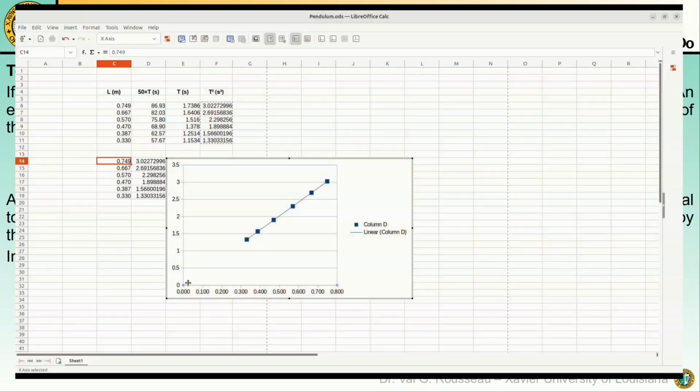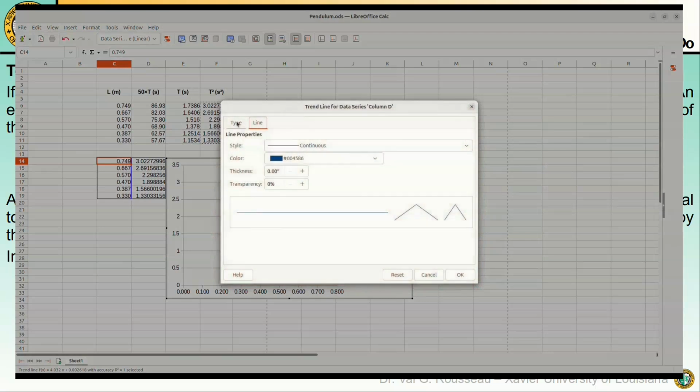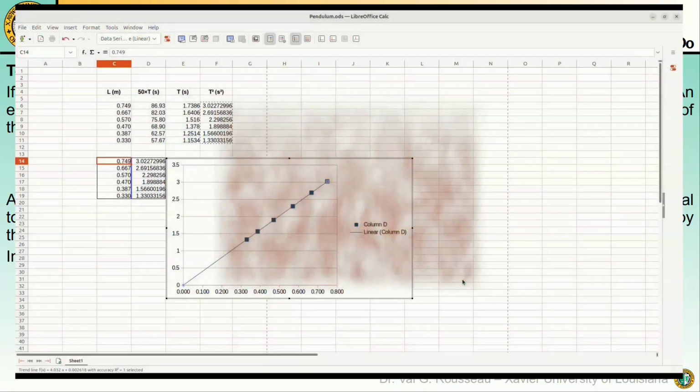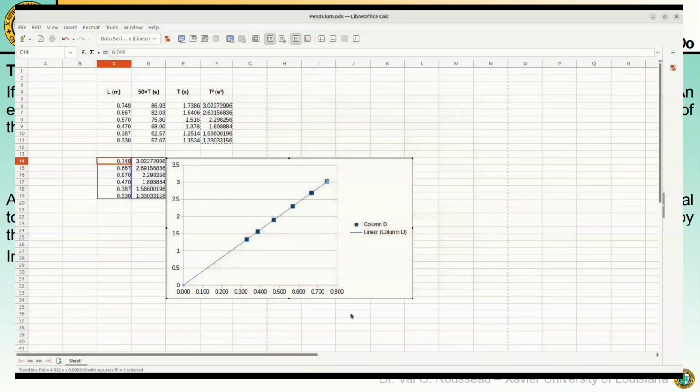And to make it obvious, let us ask the software to extrapolate the trend line backwards. Wonderful! The last thing we can do is to ask the software to display the equation of the trend line.